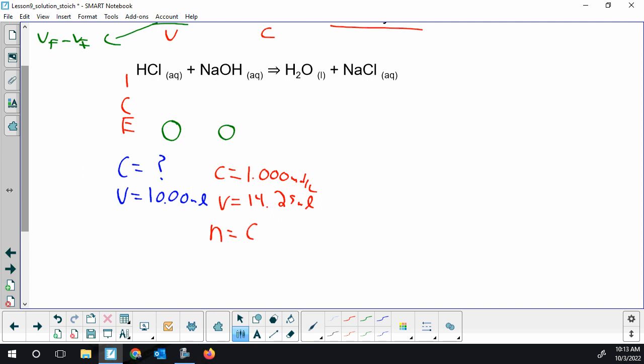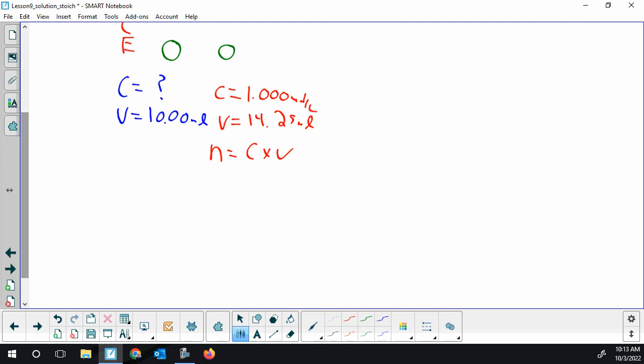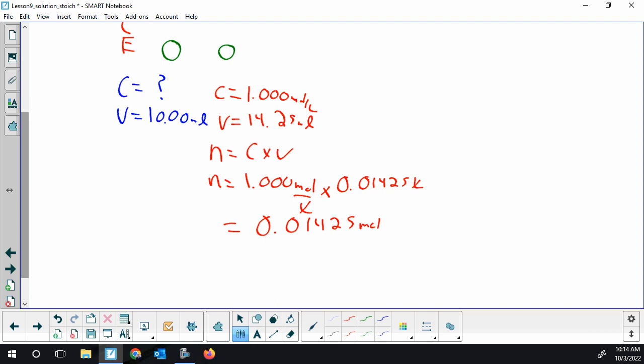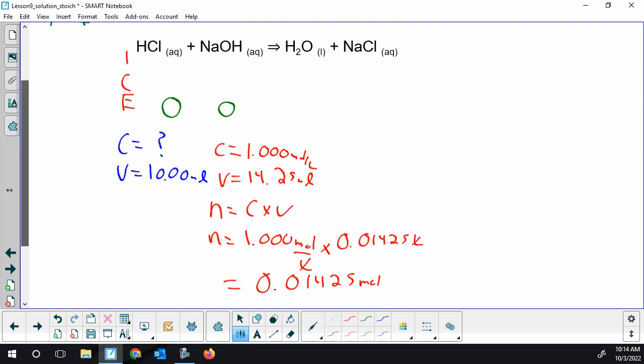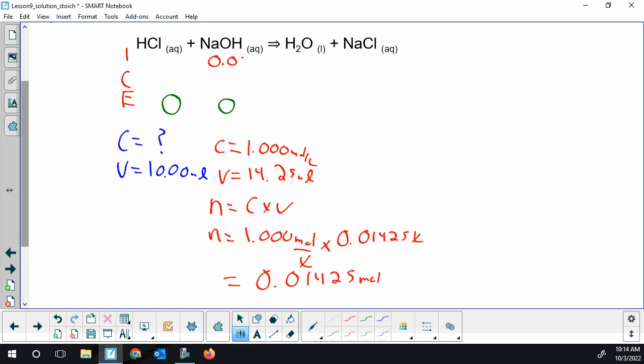You might realize that 1-to-1 ratio and just put it out in a line. So my moles is C times V. This is the initial moles. I converted my milliliters to liters. So that red moles, I'm not going to put my units in my ICE table.